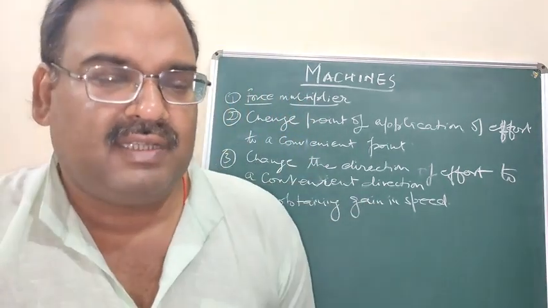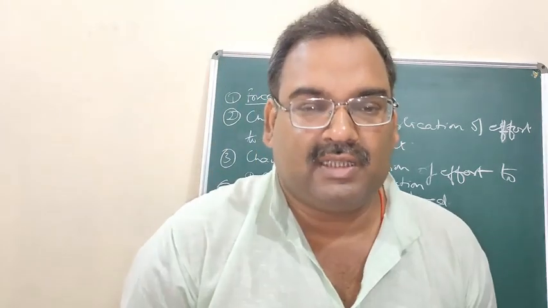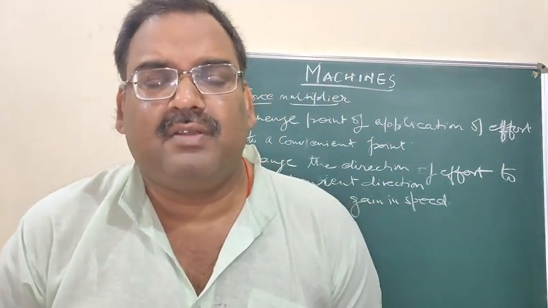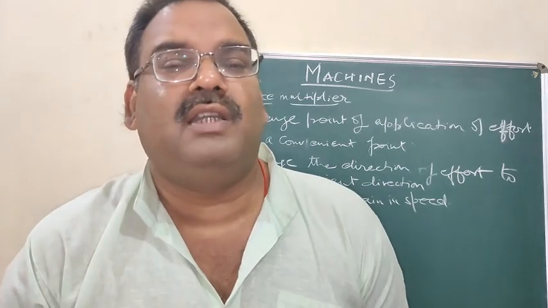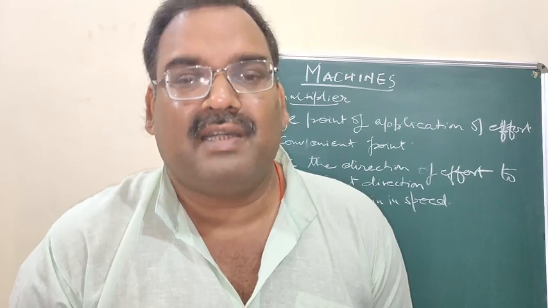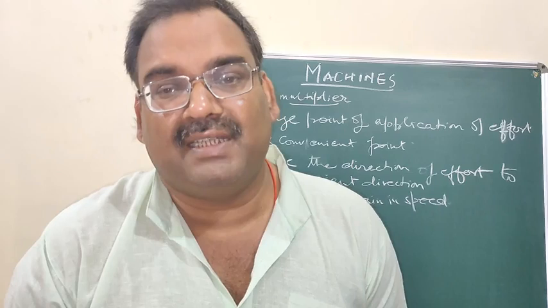Suppose we have got a 20 kilogram bucket filled with water inside the well, and we start lifting it out. Now what do we do? In the second case, we apply a pulley system. We have a single fixed pulley, put the rope over it, and then we pull in the downward direction. Now what have we changed? Earlier we were simply lifting it vertically upward. We were finding it difficult to lift. Why? Because we were working against gravity.